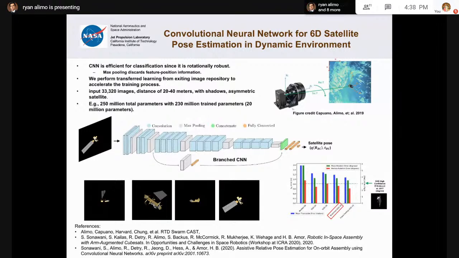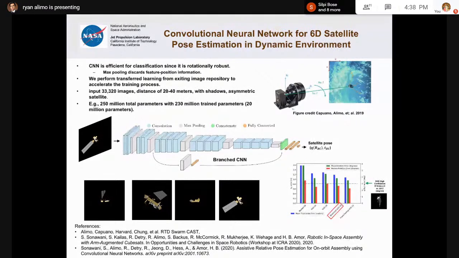But one of the things they are not good at is translation and rotation. During the past few years, though, a lot of good architectures have been developed, like PoseNet for robotics, and there has been a lot of progress during the past 2 years in using convolutional neural networks for pose estimation of spacecraft.